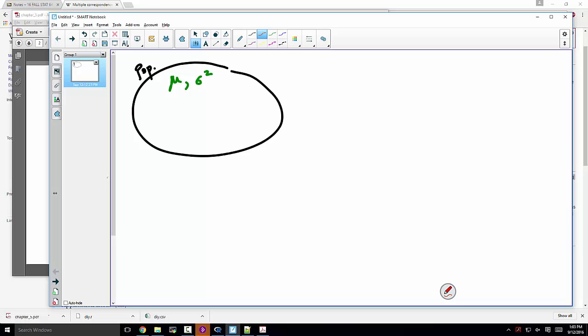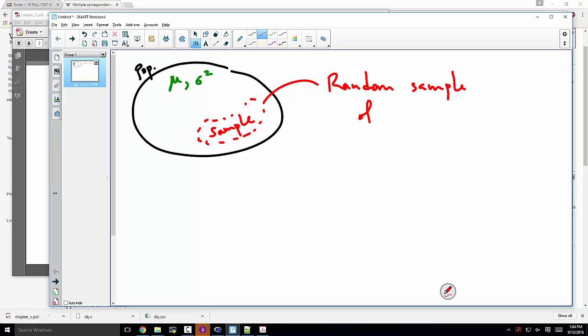In practice, we're stuck taking a sample. So this right here is the sample. Maybe there's some millions of postmenopausal women in the US. We randomly obtain 200 of them. So let's say a random sample of size n.